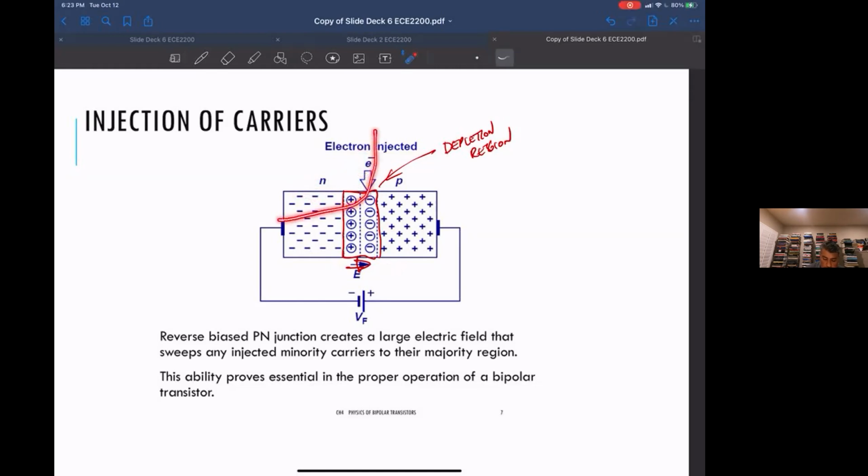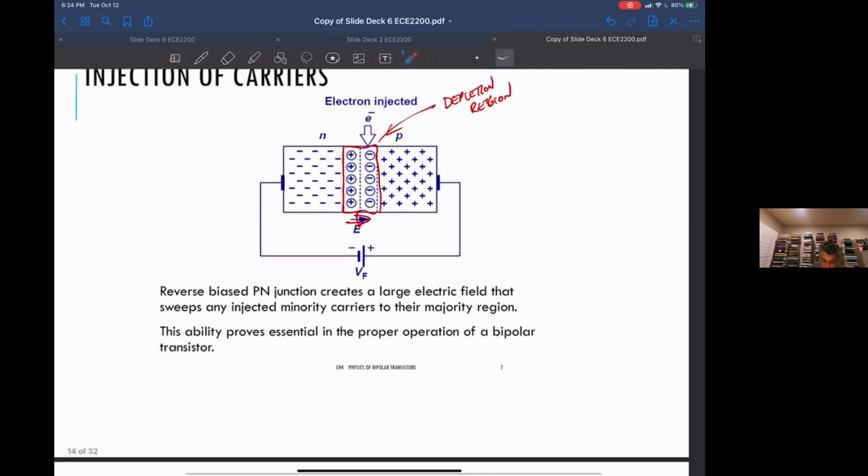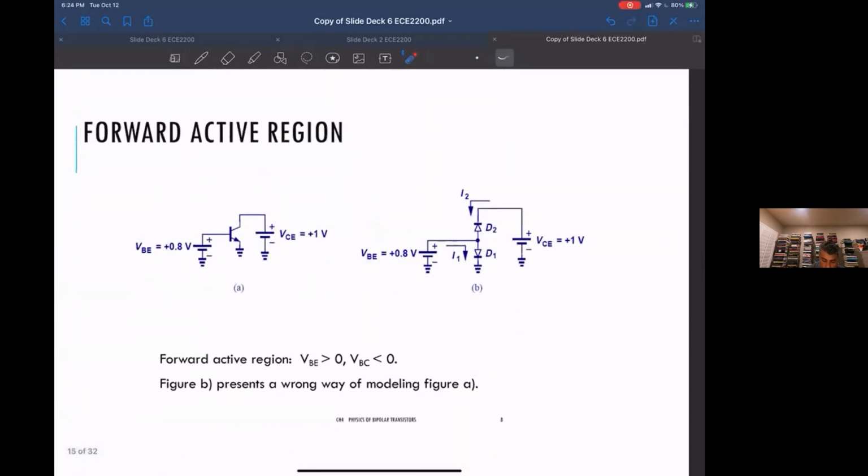This electric field keeps the holes in the P region on their side and the electrons in the N region on their side. But if you somehow throw an electron into the depletion region, it would get swept into the N side. This is an important property, and we'll see how this works.